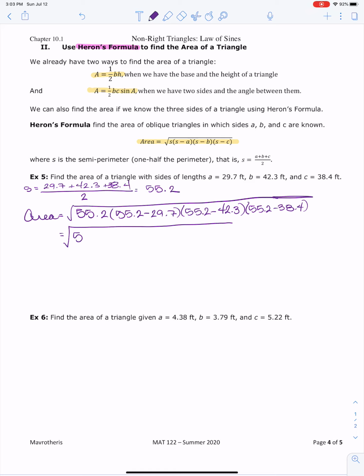This is definitely not a step you need to include. Sometimes it's kind of nice just to make sure that nothing looks funky. I didn't forget a parenthesis when I was subtracting or multiplying.